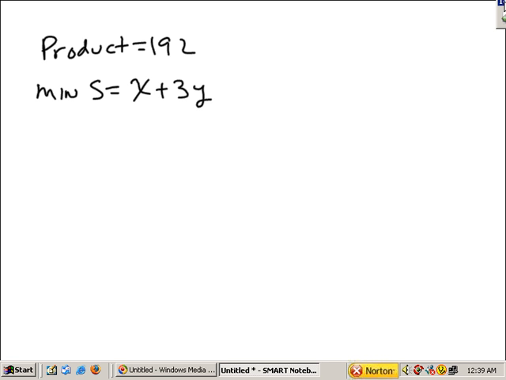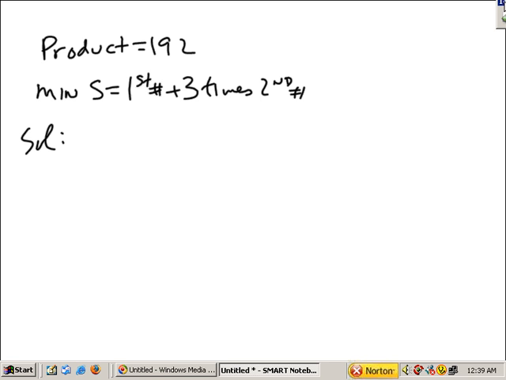And I can write that up that way. S is equal to the first number plus 3 times the second number. Okay, solution.